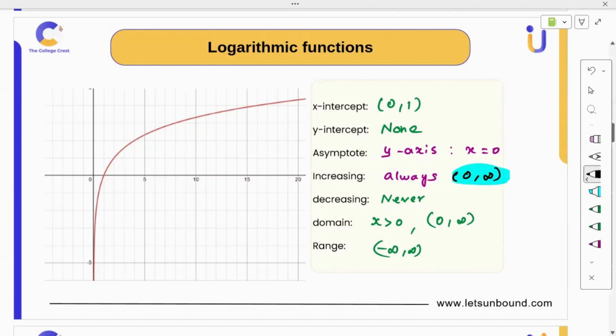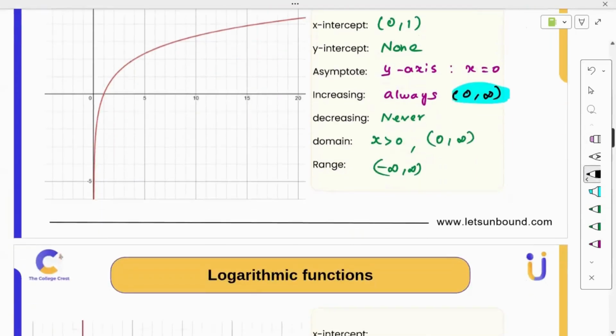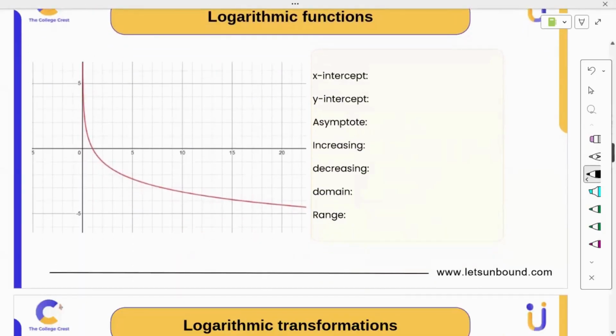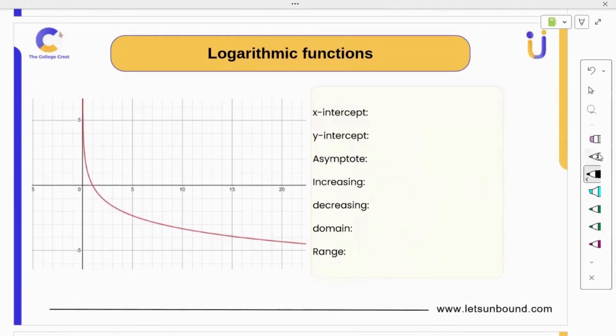Okay, so that's it. And now logarithmic functions again; this time the base b has been changed. If your base is between 0 and 1, you will have something like this graph. The previous one is b greater than 1. Now what does the x-intercept say? X is 1, y is 0. What is the y-intercept? None.